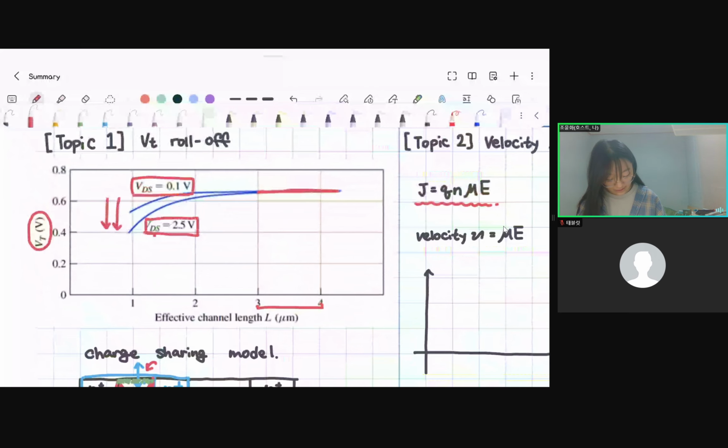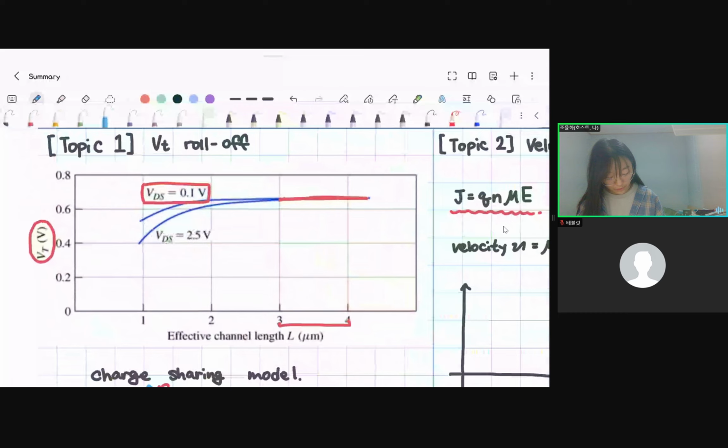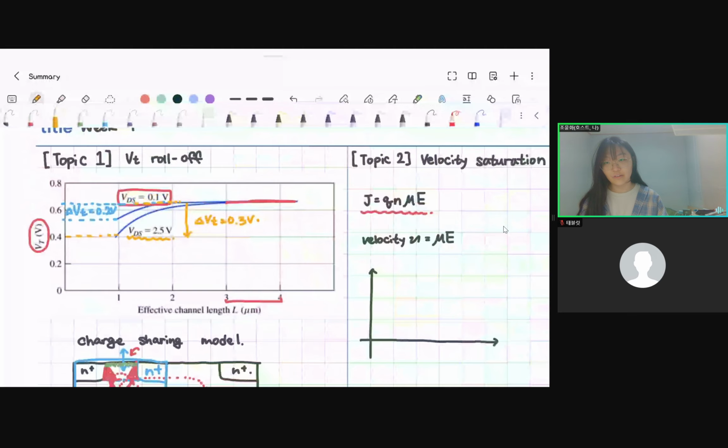You can see that when the drain bias is 0.1, the threshold voltage goes down by about 0.2 volts, but when the drain bias is 2.5, the threshold voltage is down almost 0.3 volts. So when the drain bias gets higher, the VT roll-off also gets higher.